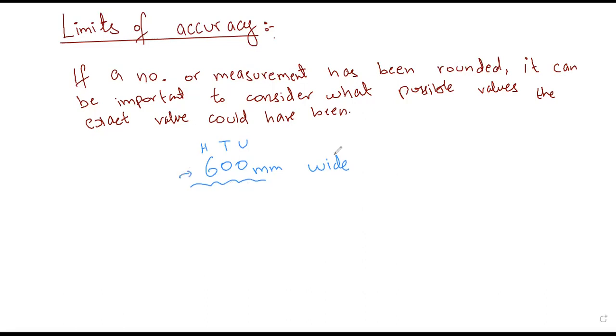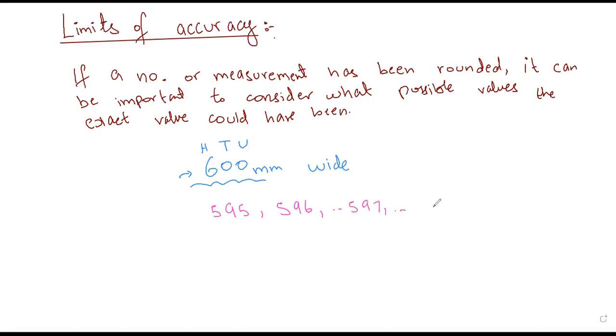If you're interested in the actual value, you will say that, okay, it could be that the value is maybe 595, or maybe 596, maybe 597, so on.